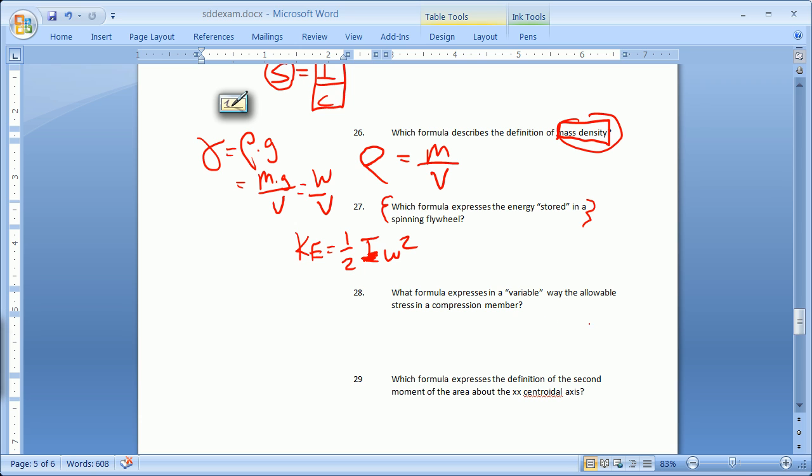Number 28, what formula expresses in a variable way the allowable stress in the compression member? That, of course, was F axial, or in compression, should be less than or equal to some K times the yield strength. And, of course, that big K is a function of the slenderness ratio, KL over r, with K being the constraints on the ends, L being the unbraced length, and r being the radius of gyration along the weakest direction.